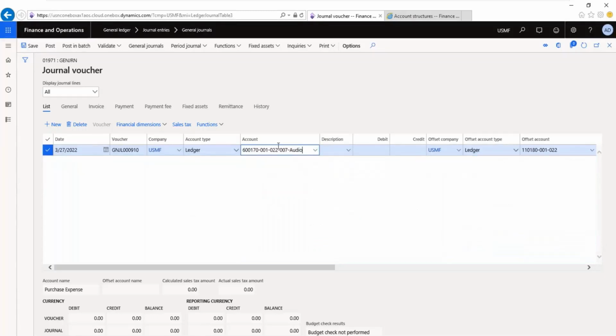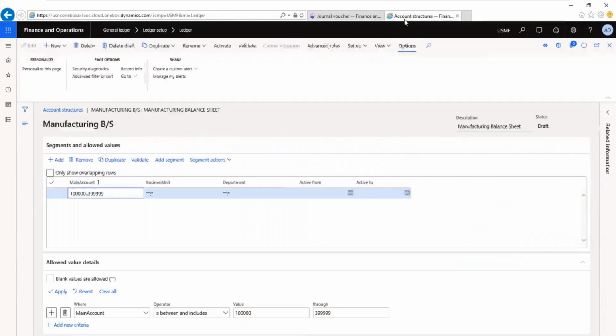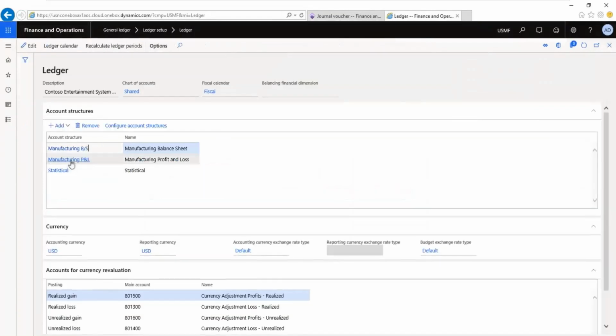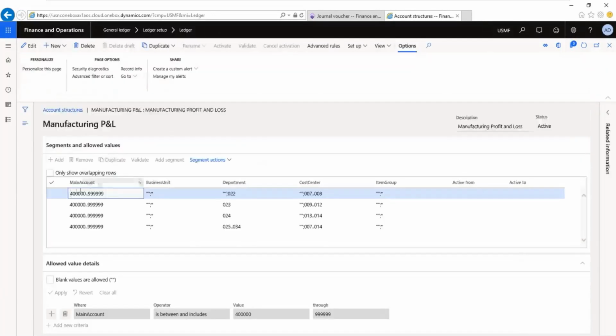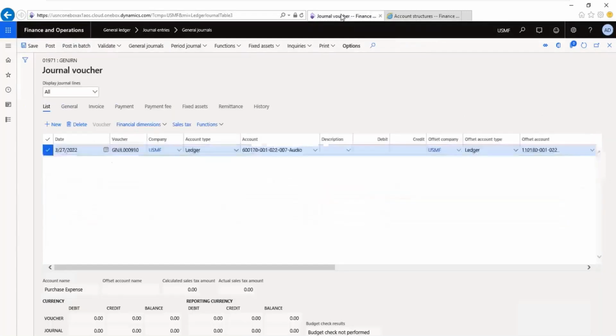It is giving the option to select 4, because if you go here for P&L, for these accounts you have configured from 4002 to 9999. We have the option to select business unit, department, cost center, item group. That's what is coming.